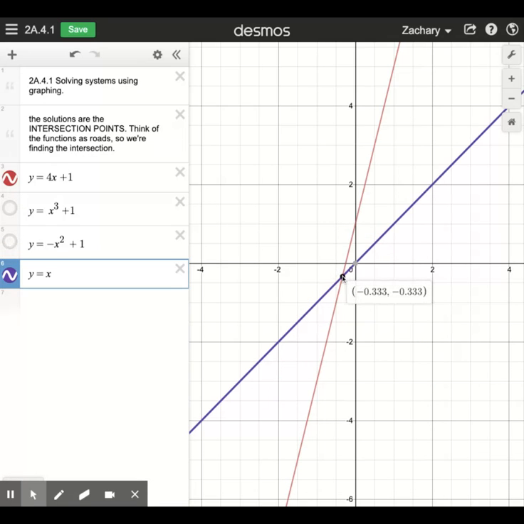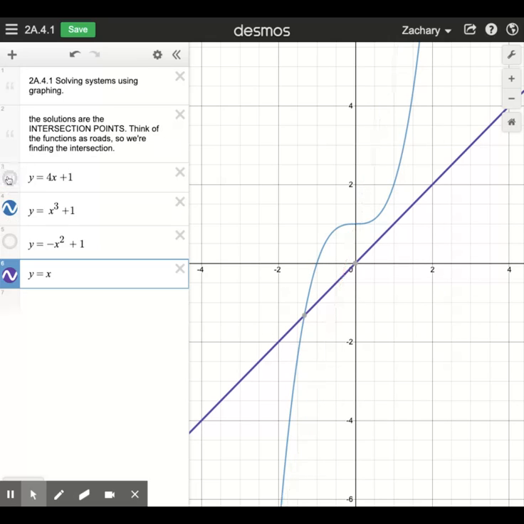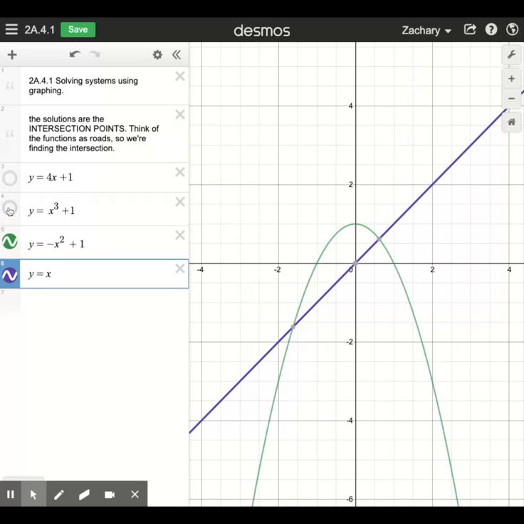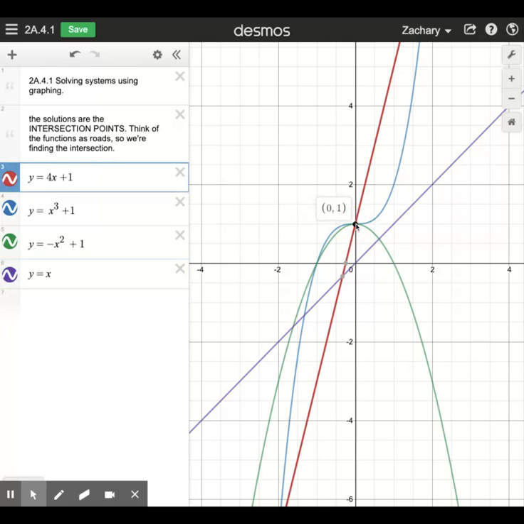Here's the solution for red and purple, right there. I see that there's some overlap for red or purple and blue. There's that solution. I even see there's some solution between green and purple. It's just where they overlap. But look, when we look at all 4 of them, nah, this was our point for the first 3, but this purple line doesn't go through there.